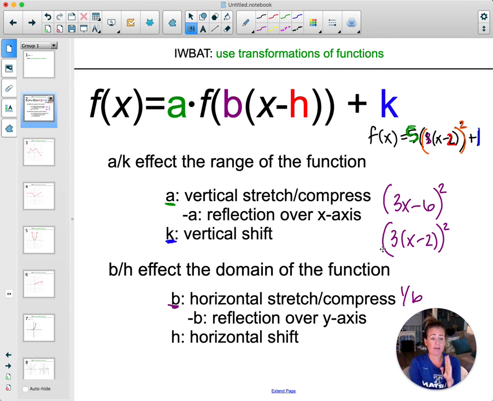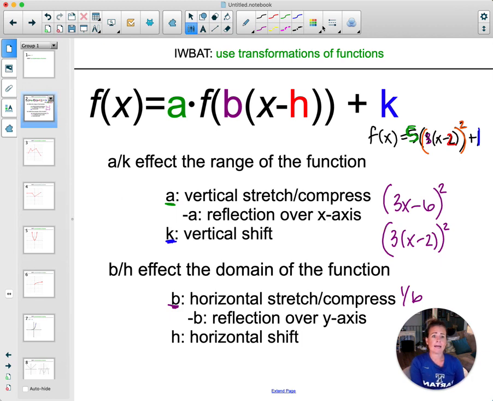Opposite of what you think for everything inside the function. If that were a negative value, say -3, then we'd also have a horizontal reflection, left and right, which reflects it over the y-axis.